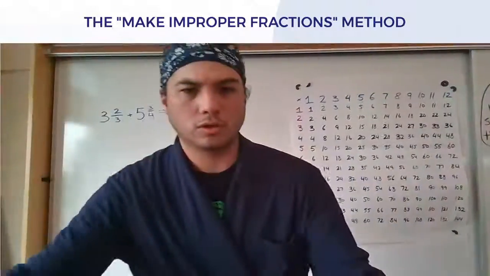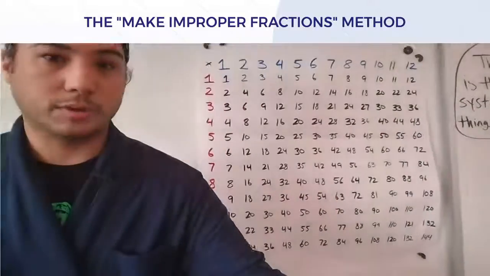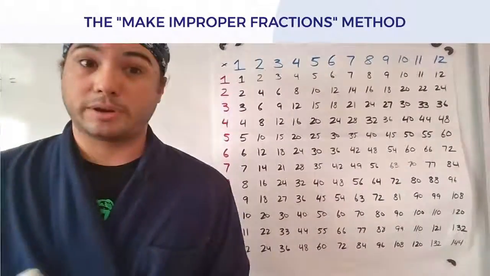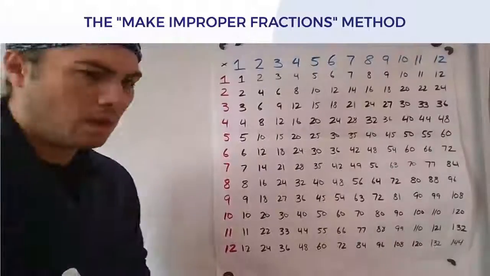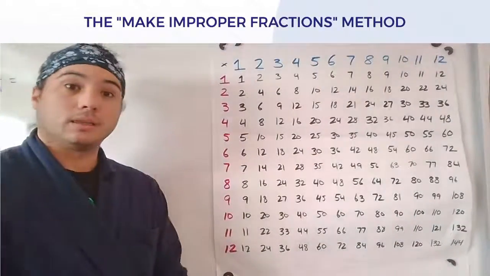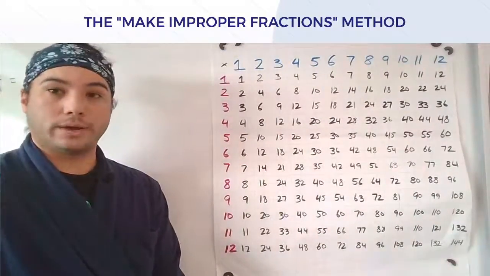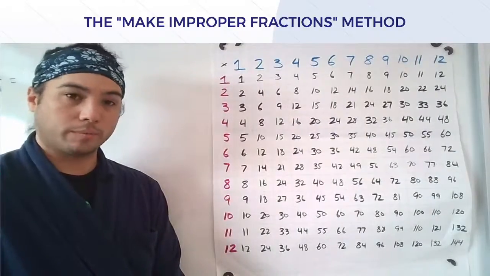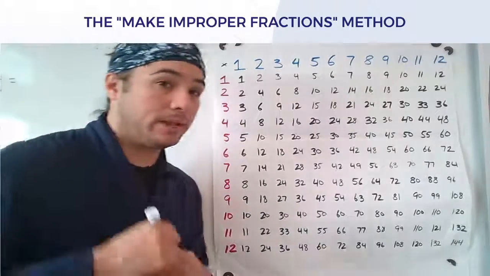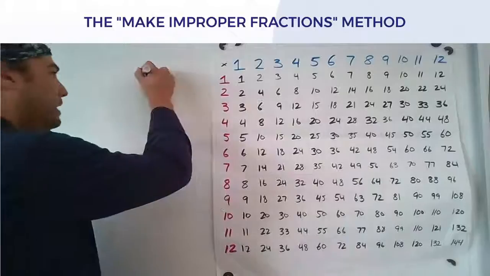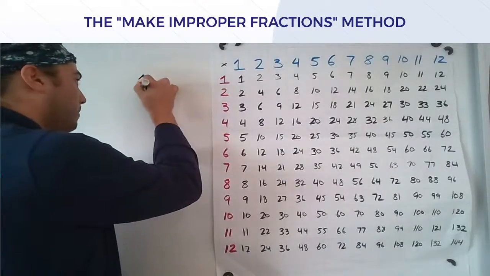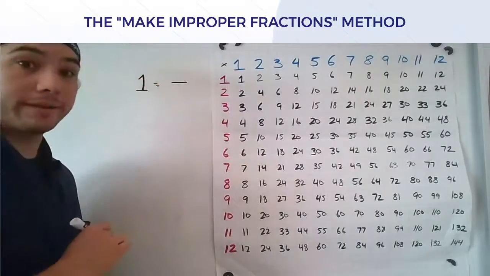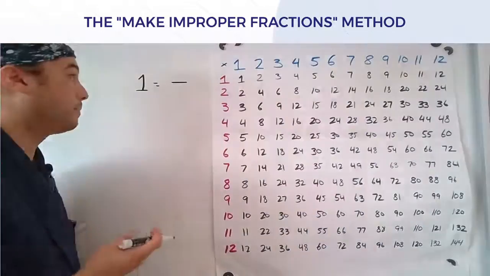I'm going to scoot a little bit closer to our multiplication table here because there's some great information found here. For this lesson, what we want to know is, what are all the fraction equivalents of our whole numbers? We know that any fraction that's an equivalent of 1, the numerator and the denominator are going to be the same, top and bottom.